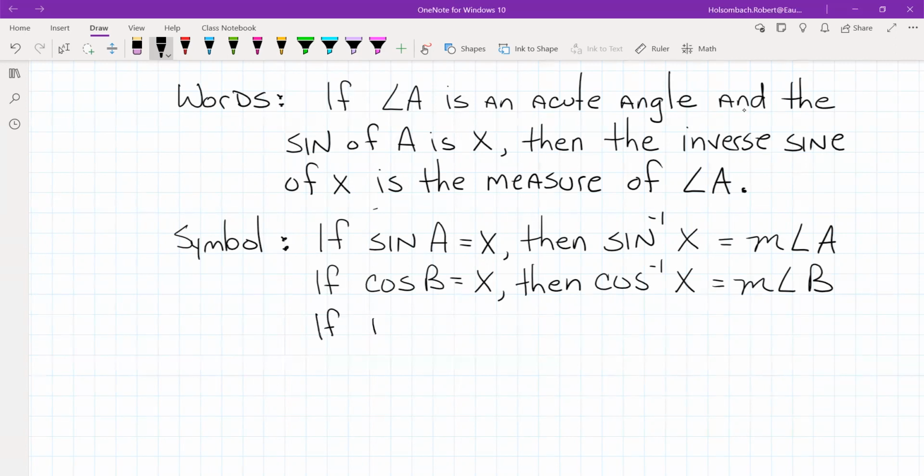If tangent of angle C equals x, then inverse tangent of x is equal to the measure of angle C.